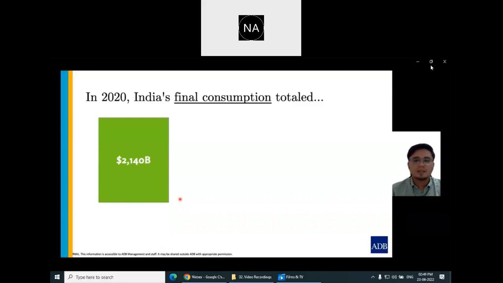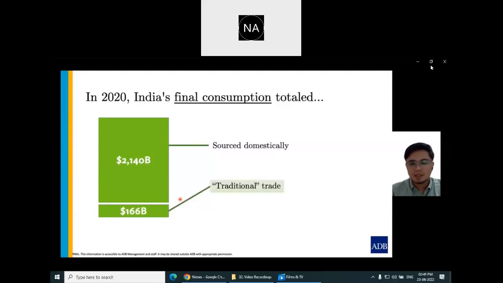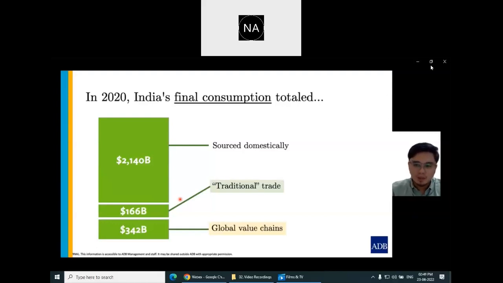Of India's total final consumption, 2,140 billion US dollars is sourced within its domestic territory. 166 billion US dollars is considered sourced from the traditional trade, while the remaining 342 billion US dollars is what is understood to be part of the GVC activities.